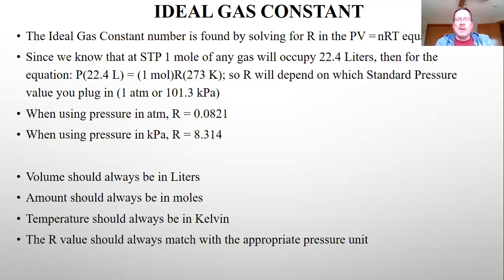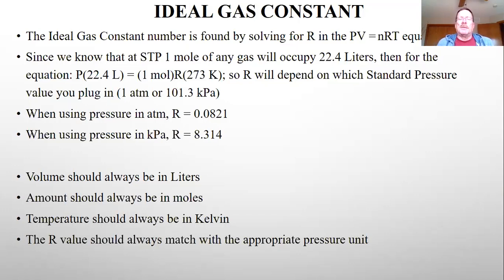And that's the value we use in the ideal gas equation if the pressure is in atmospheres. Okay. You can see by the next bullet that if instead I put 101.3 kilopascals in for pressure and the 22.4 liters and the 1 mole and the 273 Kelvin, then R turns out to be 8.314. So those are the 2 constant values you just get used to knowing because you do the problem, so they get stuck in your head.